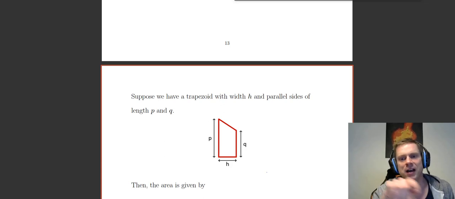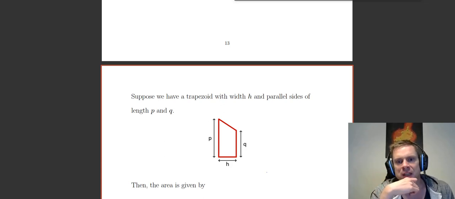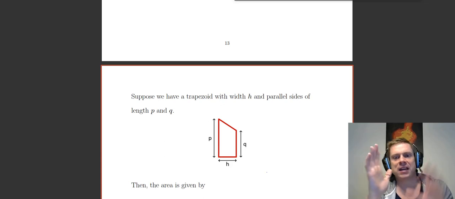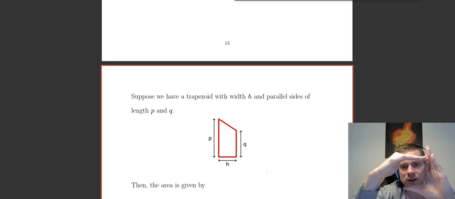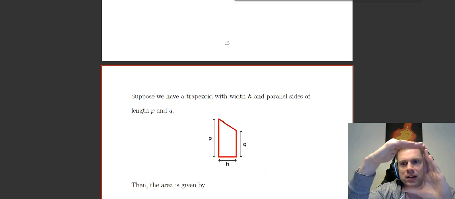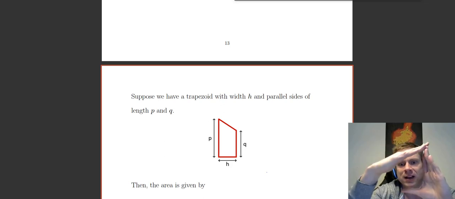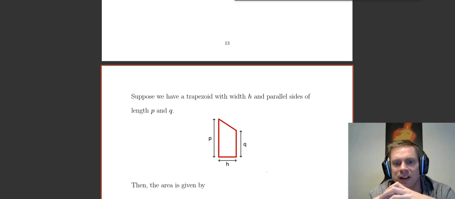Here I called them P and Q. If you think about it, the area of that thing is going to be the average of the areas that would be produced by the rectangle created by Q and the rectangle created by P, because it's halfway. It's taking off a triangle that is in between. It's halfway between those areas.